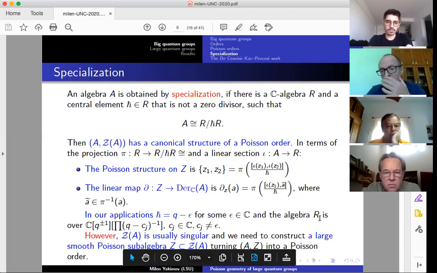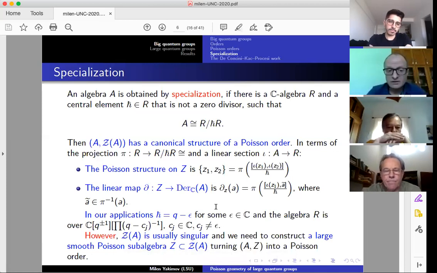And our algebra R would actually be not just an algebra over the complex numbers, but an algebra over the Laurent polynomials in that extra variable Q, where we localize by a bunch of denominators, and we watch out for those denominators not to be the Q minus epsilon that we want to divide by.